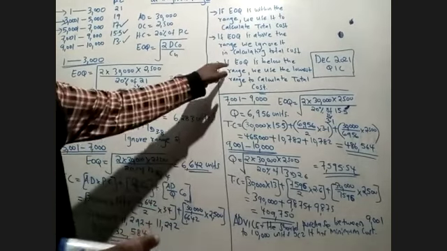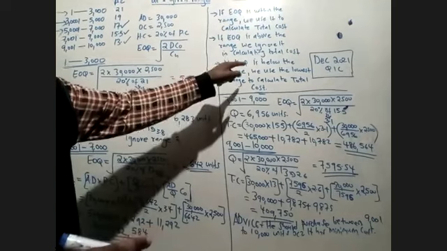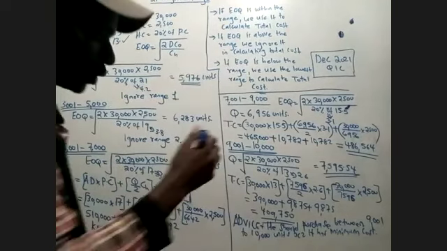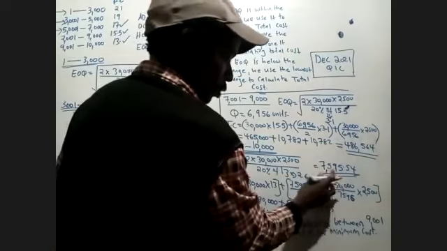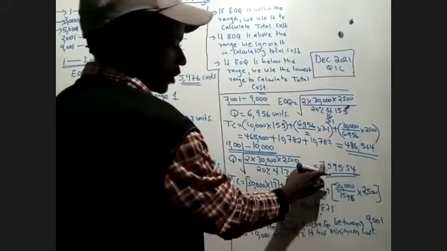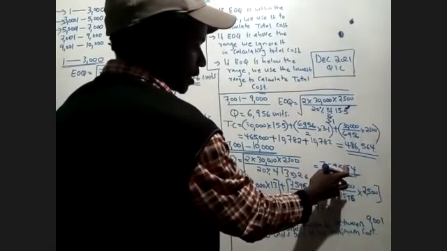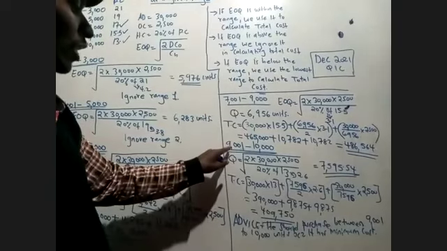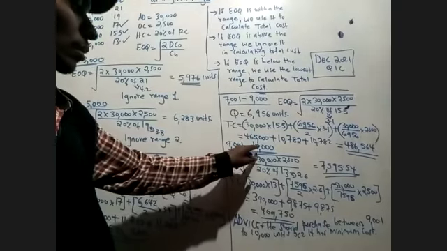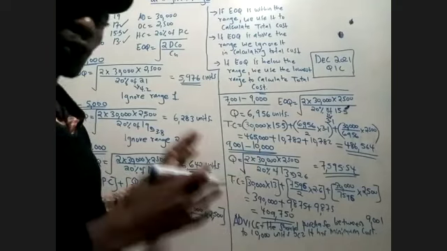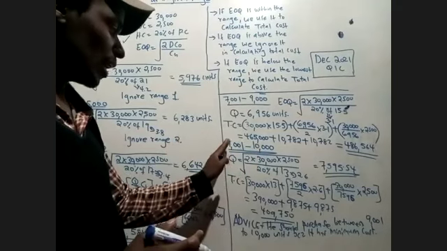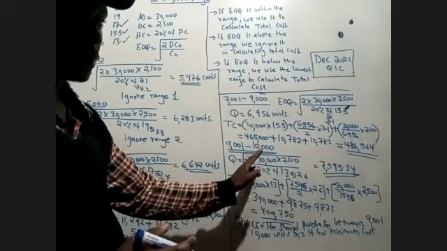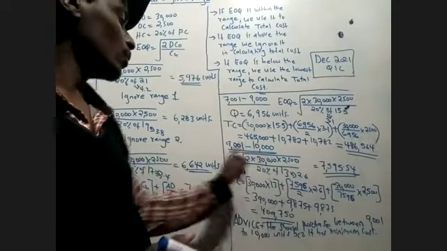So read this statement: if EOQ is below the range. Now what's our range here? Look at our EOQ, it is 7,596. Now it is below our range. Our range is between 9,000 to 10,000, but we need to order something within 9,000 to 10,000, and this one is below.